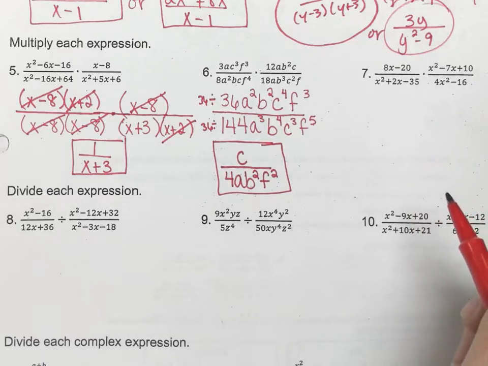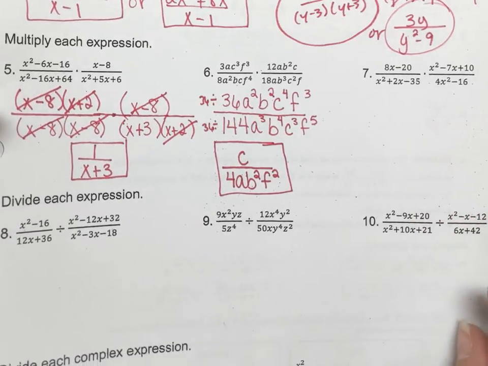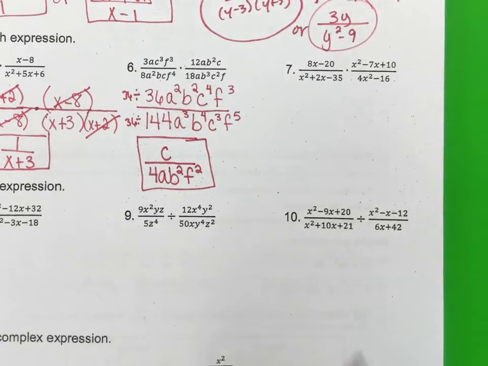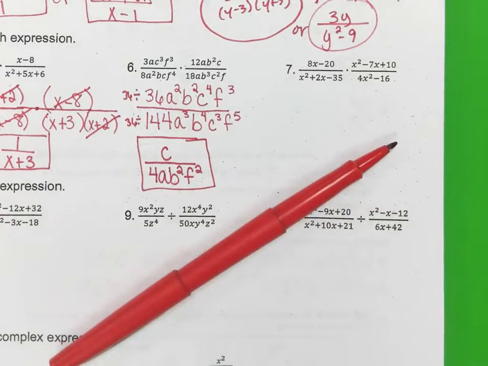Think you can try 7? I'll try 7 real quick, see what you get. Okay, so that one you could factor. Try factoring that one.